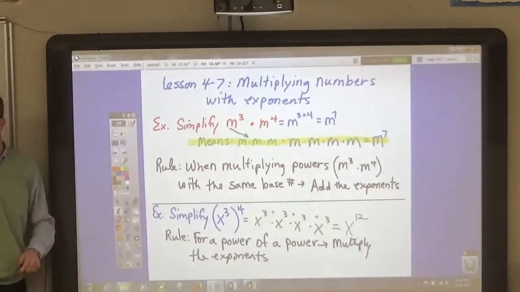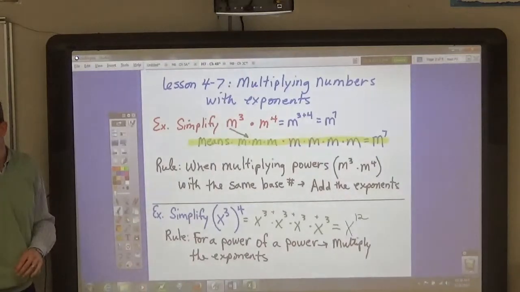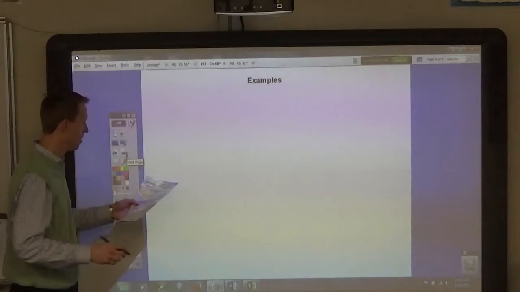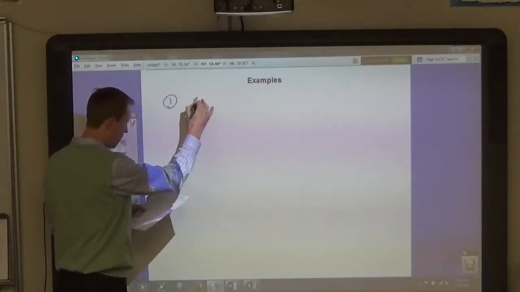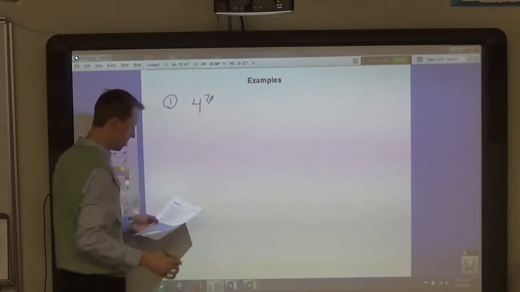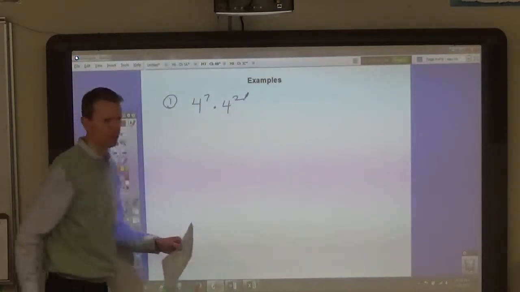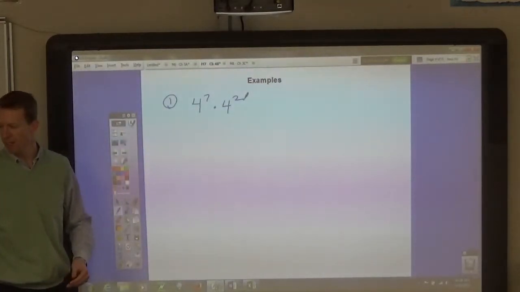Okay? Look at your worksheet. On the reteaching side, number 1, 4 to the 7th power times 4 to the 2nd power. They have the same base, right?